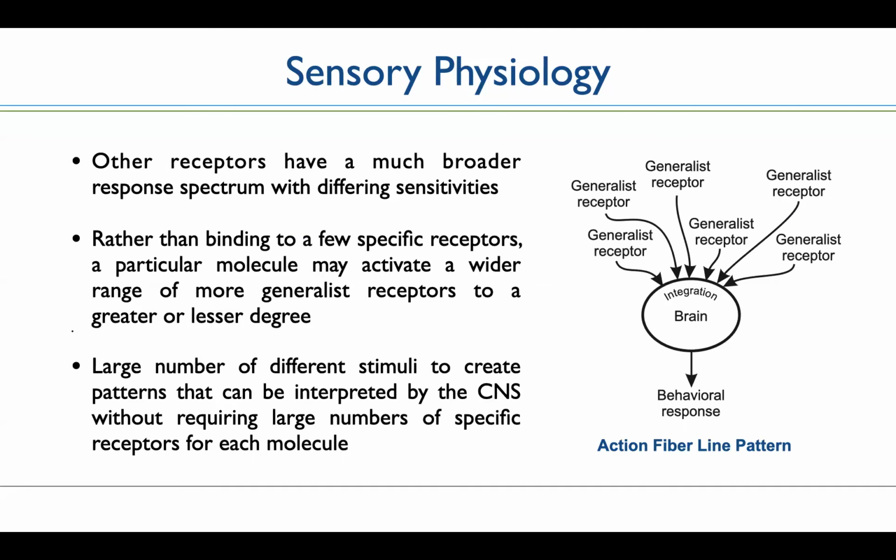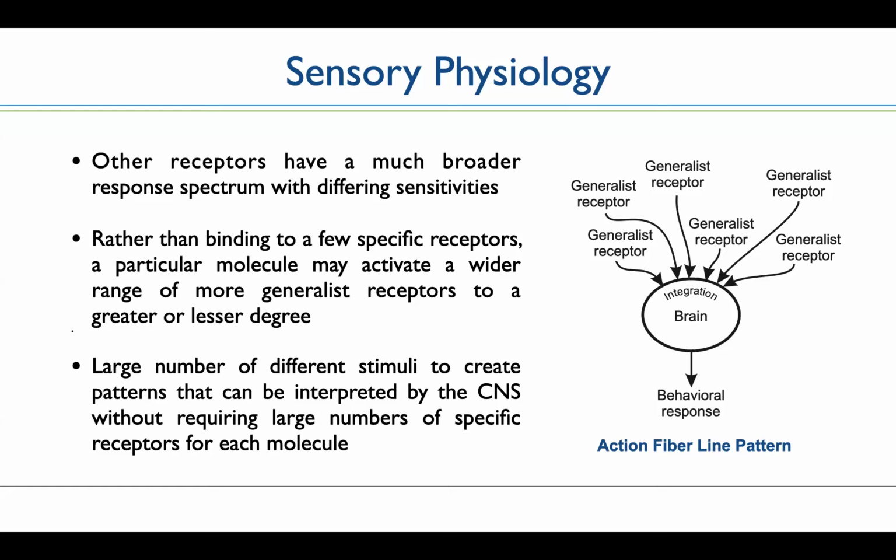And then you have other receptors that have broader response to these stimuli. And these are your generalist receptors. And so rather than just binding a few specific receptors, they activate more generalist type of responses, or a greater range or lesser degree of responses.